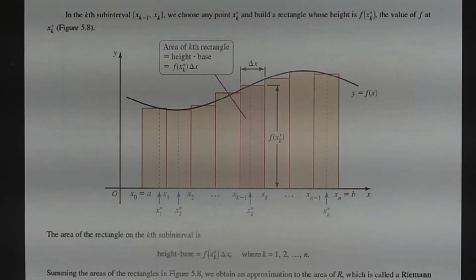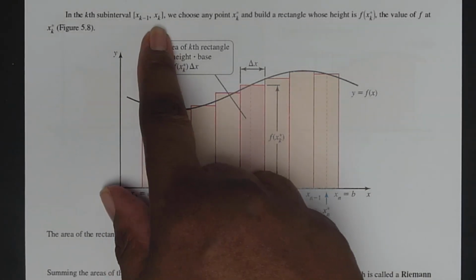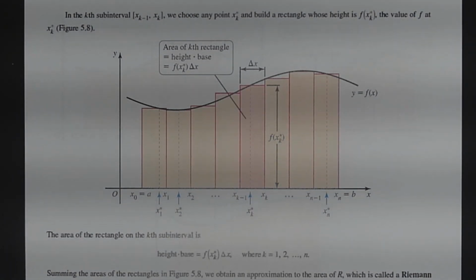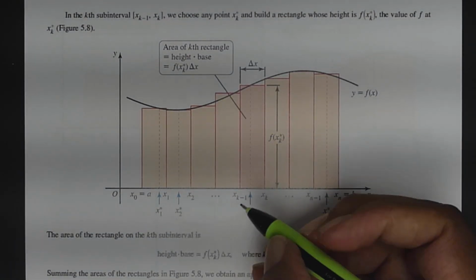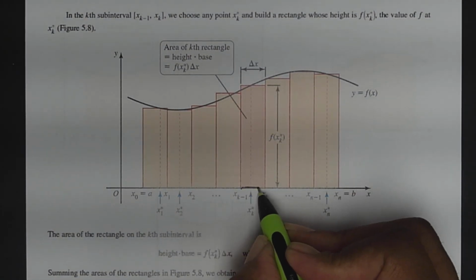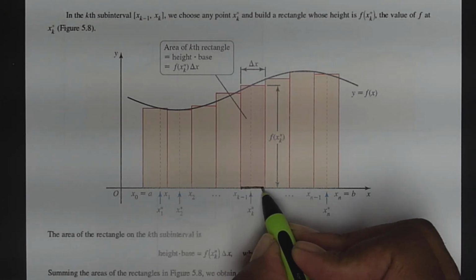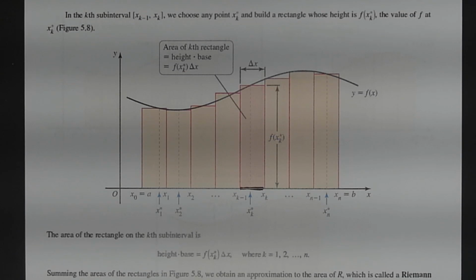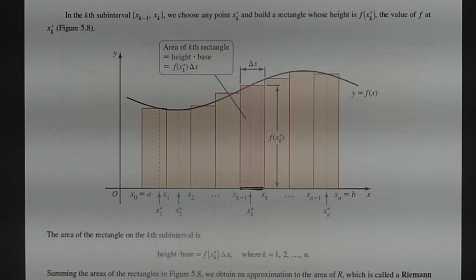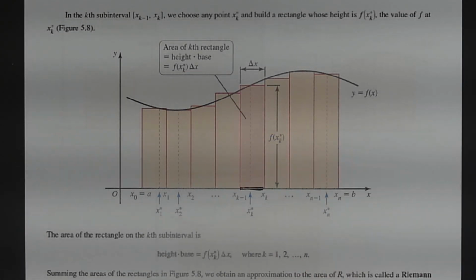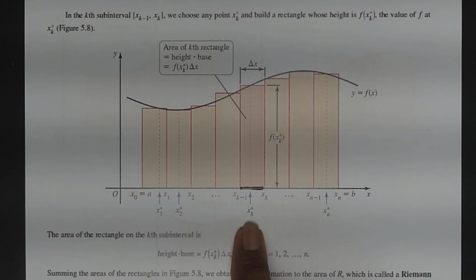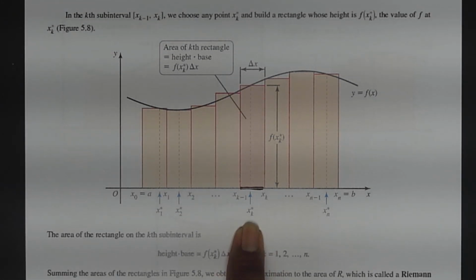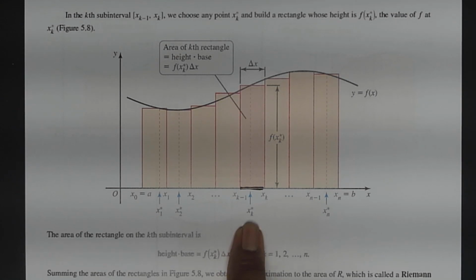Here in the kth subinterval, x of k minus 1 to x of k, which is this interval right here that I'm going to bold in black, we can choose any point called x star sub k, which is what they're choosing right here. And you're going to build a rectangle whose height would be f of x star sub k.